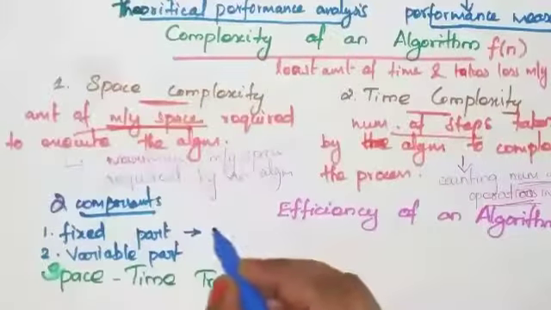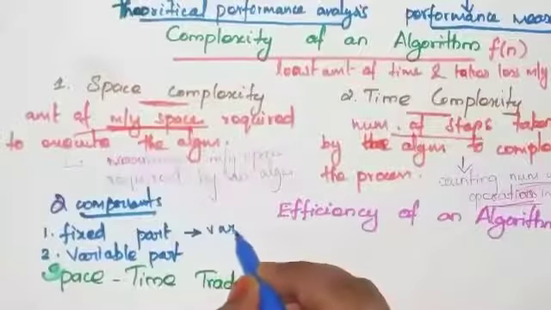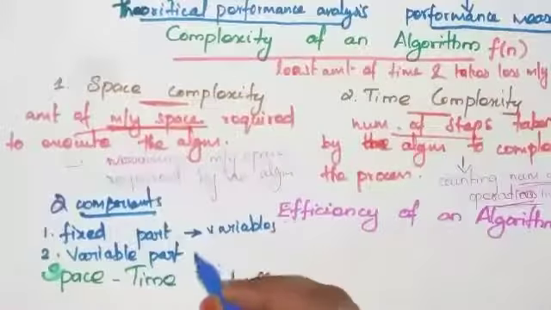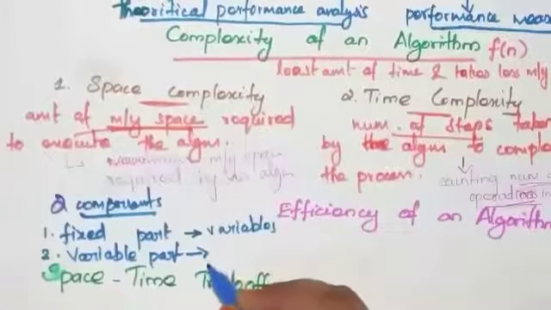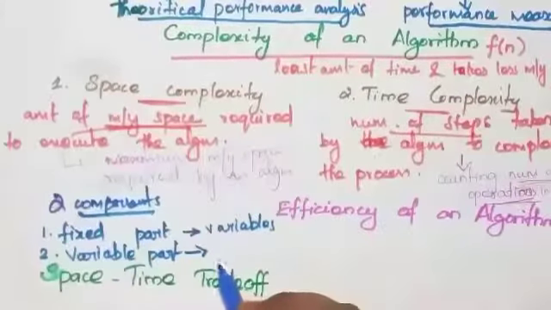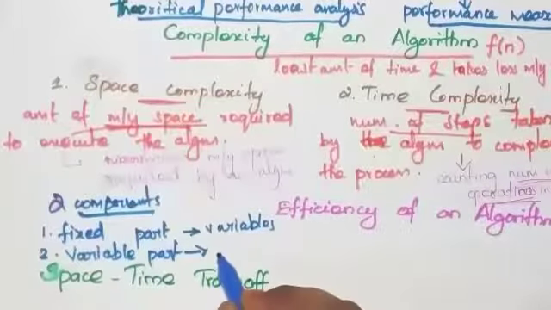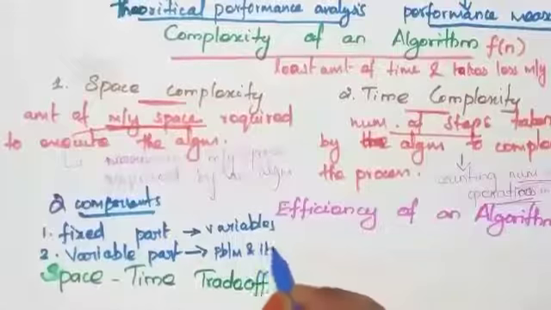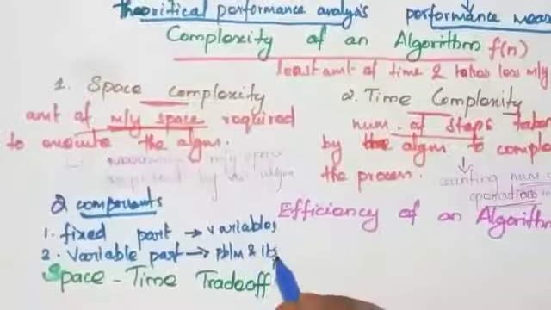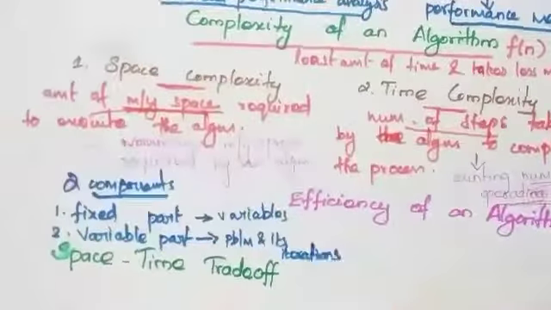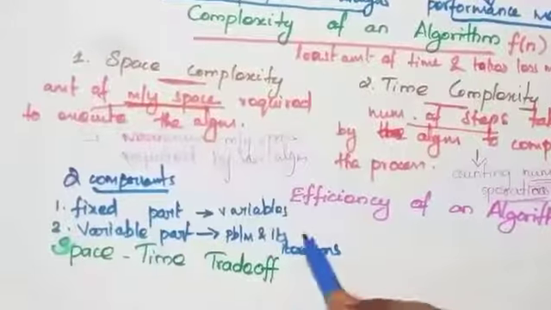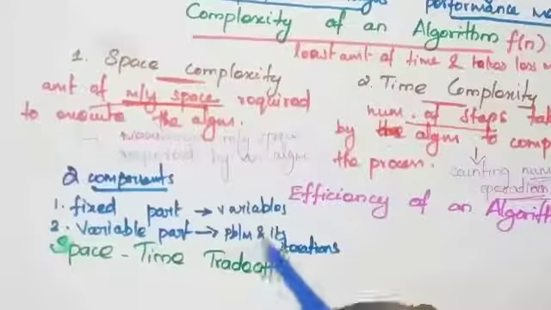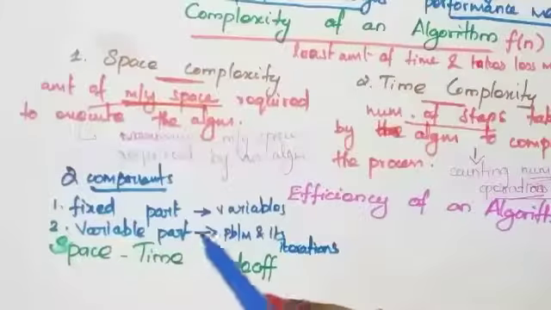But in the variable part, the total space needed by the variables depends on the problem and its iterations. For example, when you want to calculate the factorial of a given number using a recursion function, you can store that problem in this part.